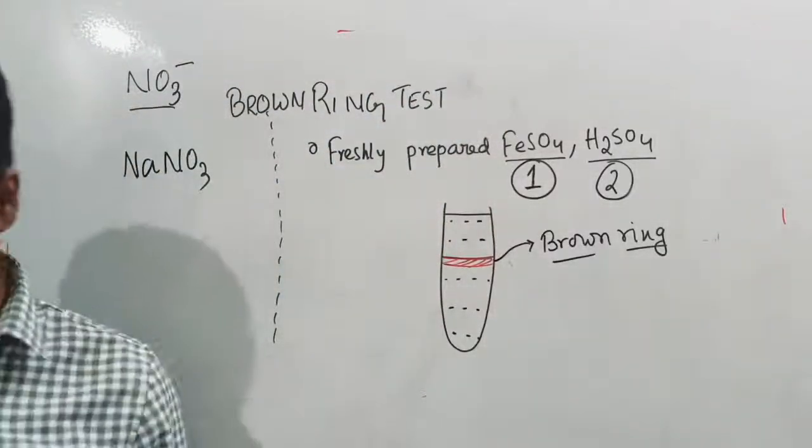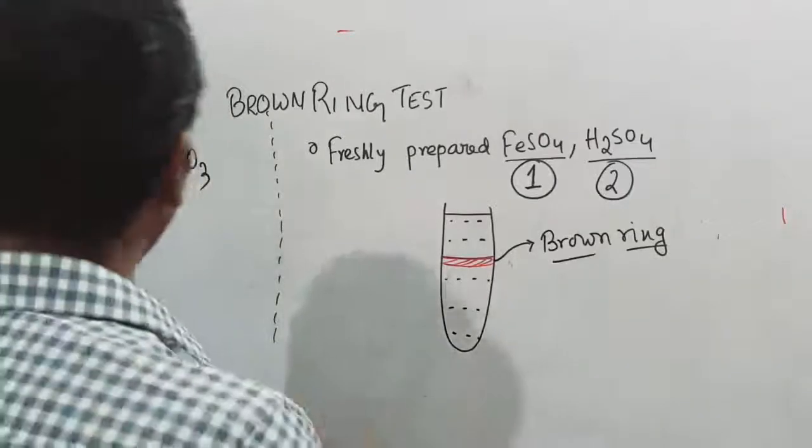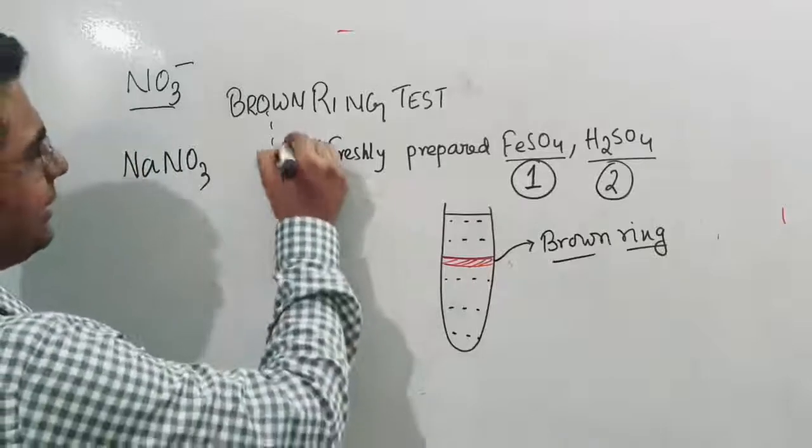Please copy this one. The diagram is very important, otherwise you will not understand if you don't study the diagram. Anything else you can do? This is test number 1, the brown ring test.